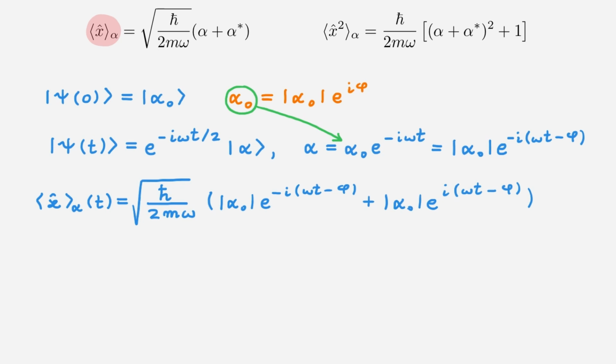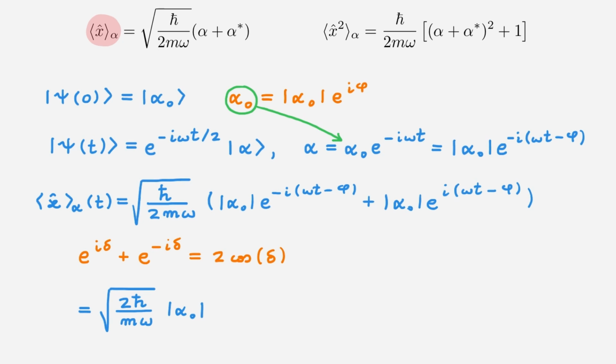Remembering that the sum of the exponential of i delta with its complex conjugate is equal to 2 times the cosine of delta, we can rewrite our expression as equal to this prefactor times the magnitude of alpha 0 times the cosine of omega t minus phi. Now this form should look very familiar if you've studied the classical harmonic oscillator, but before we discuss this in more detail, let's first look at the expectation value of the momentum operator.